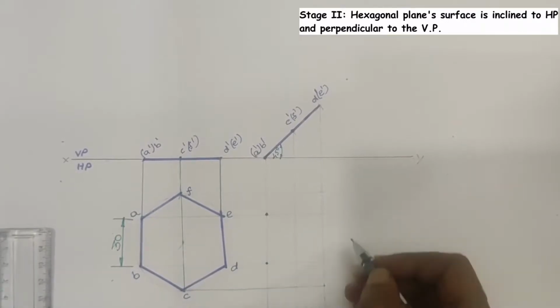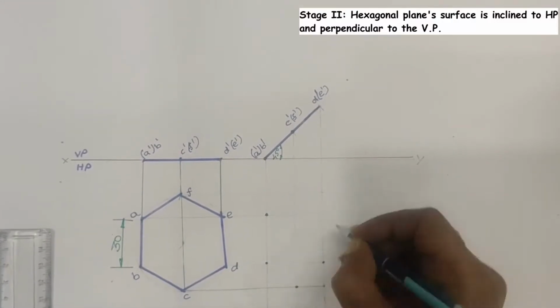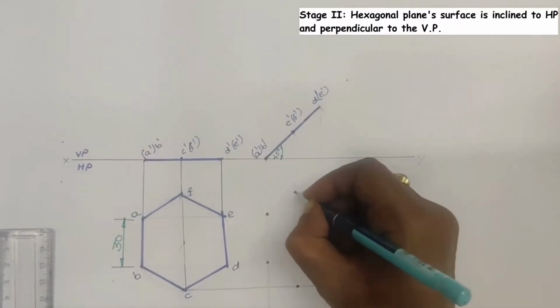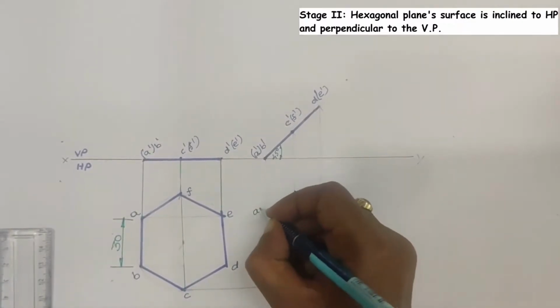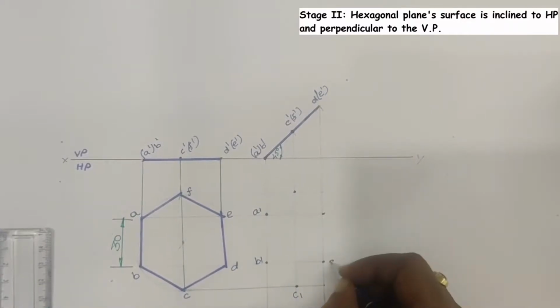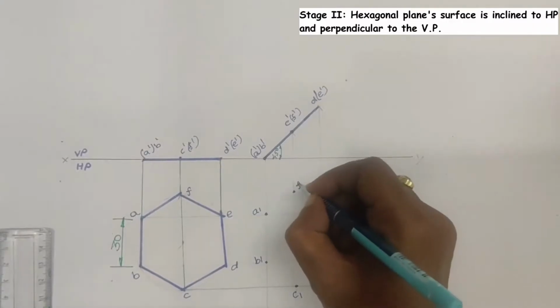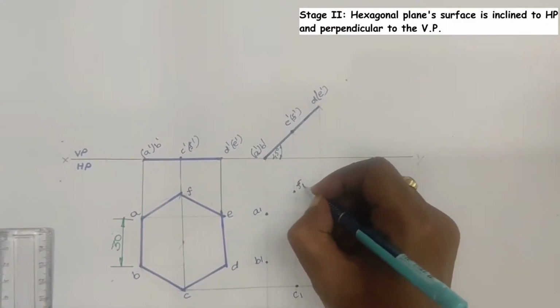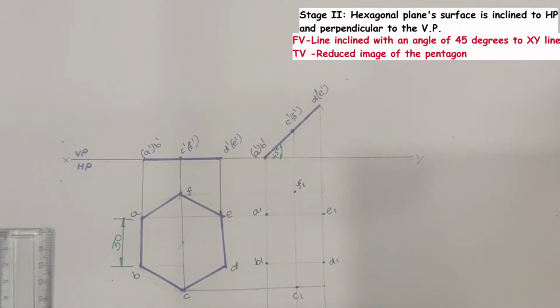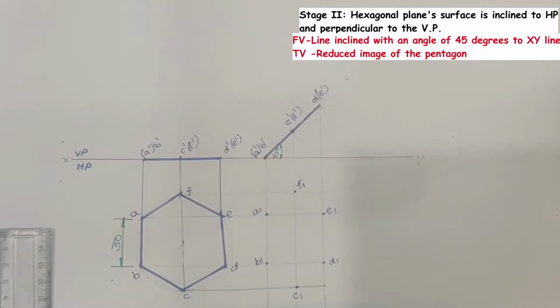Similarly, locate remaining intersection points. Then join these intersection points in a sequential order with straight line segments.